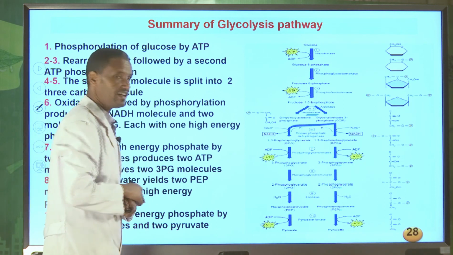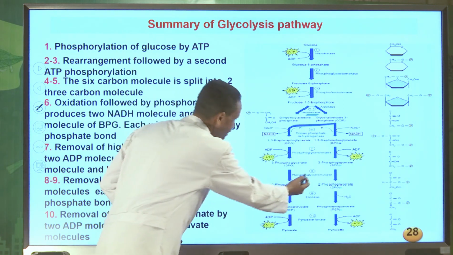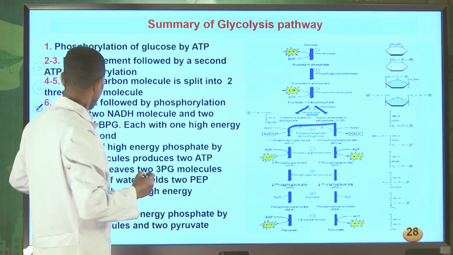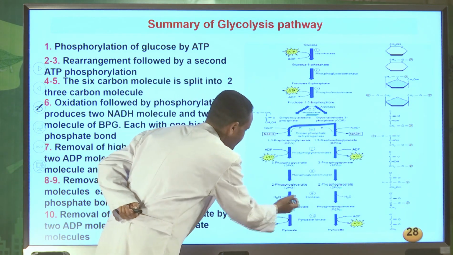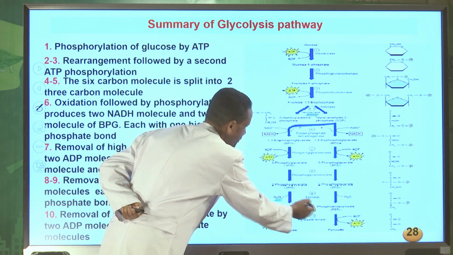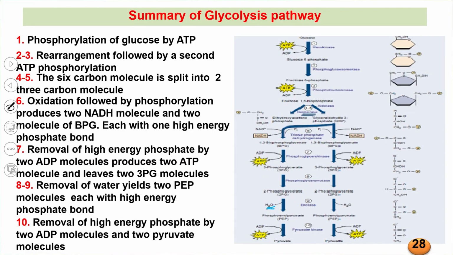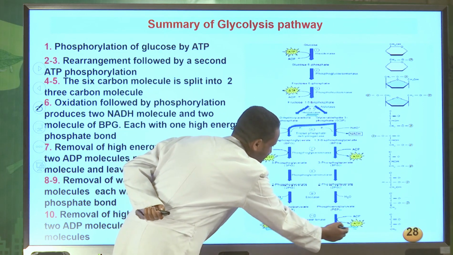Reactions 8 to 9 involve removal of water, facilitated by enolase, which yields phosphoenol pyruvate. Then reaction 10 is the removal of high energy phosphate by 2 ADP. As a result, 2 molecules of ATP are gained.